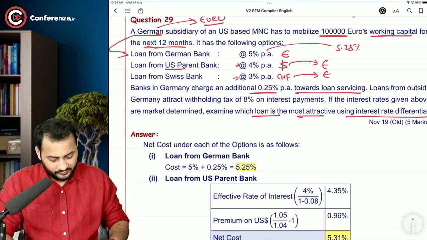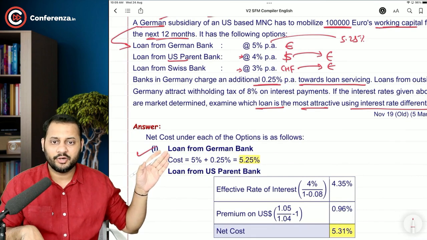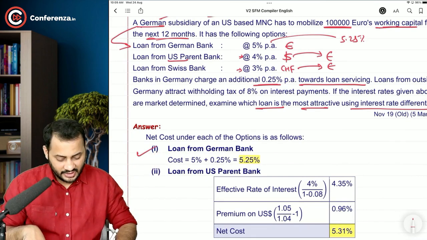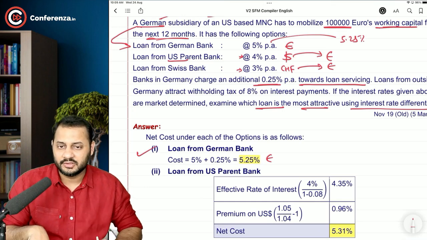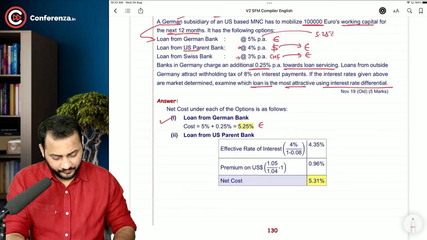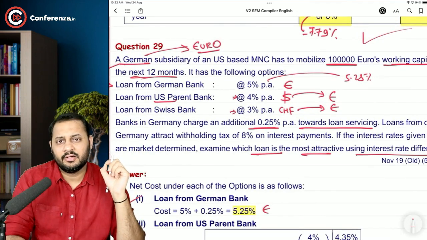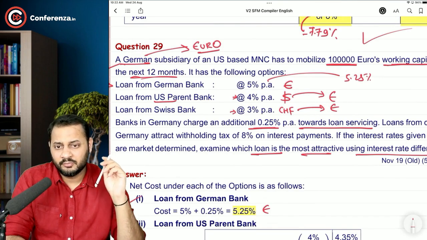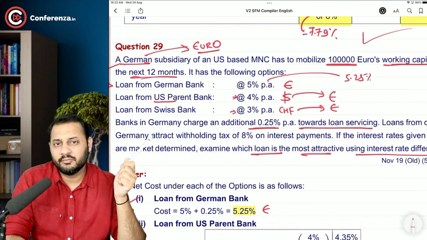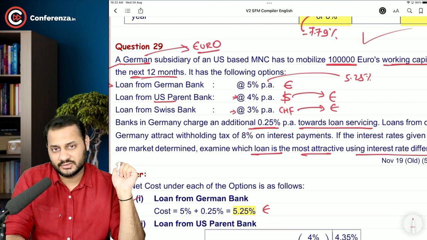See, the very first one is easy. 5% from the bank and 0.25% is the service charge, and that too is directly in euro. So 5.25%. Now come to the second part, loan from US parent bank. Understand that the loan from the US parent bank will cost you 4%, but at the time of paying the interest, you will have to pay 8% withholding tax to the government as well.